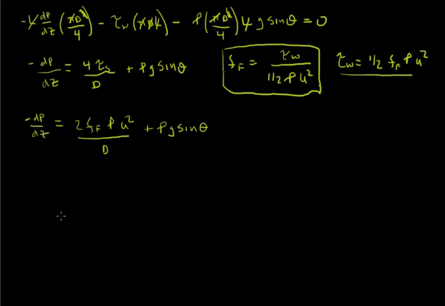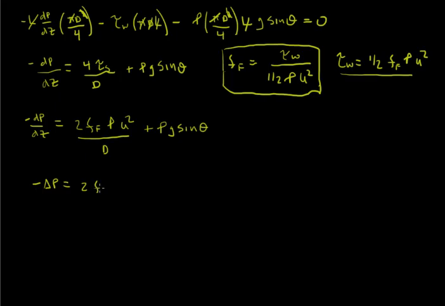Okay, and the next thing that I want to do is just go ahead and separate and integrate this. It's pretty easy to separate and integrate. If we integrate this, we're just going to get the negative change in the pressure, and then we're going to multiply by the length of the pipe to each of these terms.